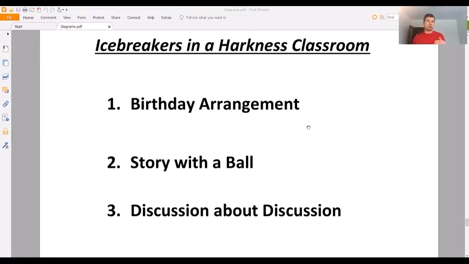You can right away see who the leaders in the room are, because they will take control of the process, and students who usually like to follow or stay away from leading. Could be a good insight.